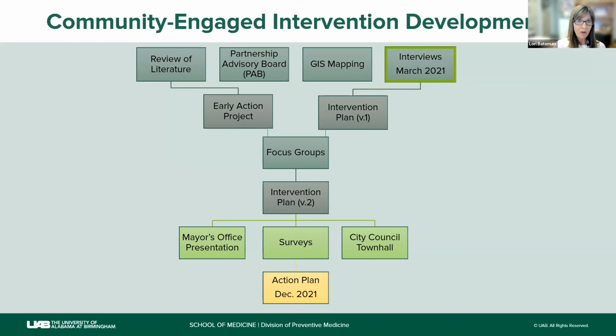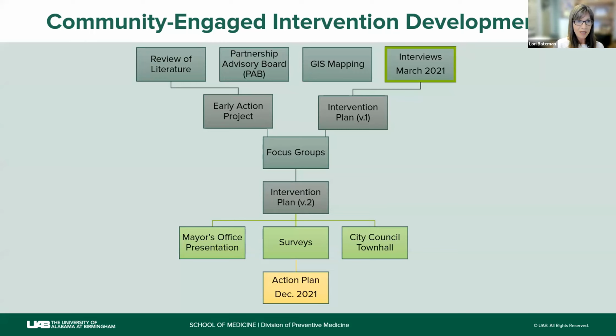Basically with this grant, to include partners, we used an intervention mapping approach. Quickly, what we did is we established a partnership advisory board that we started with our Bessemer Coalition. They recommended partners. We went to them with all of our questions and concerns and updates about the grant.